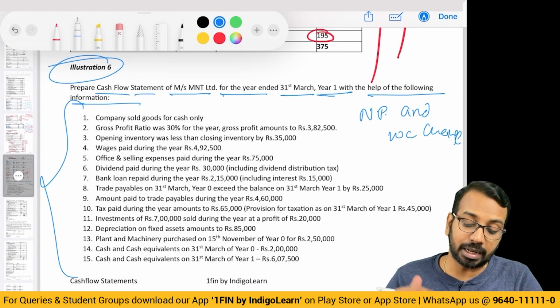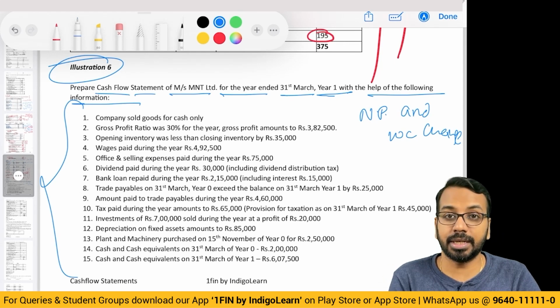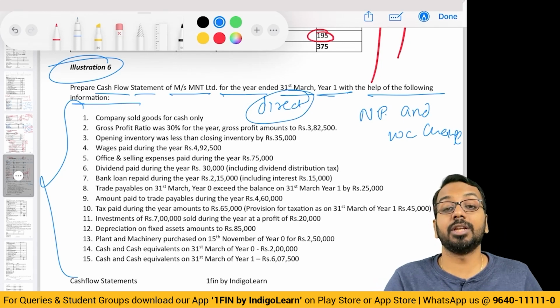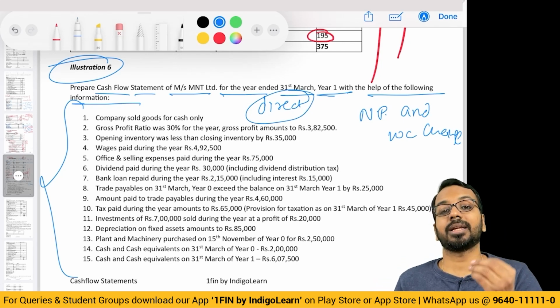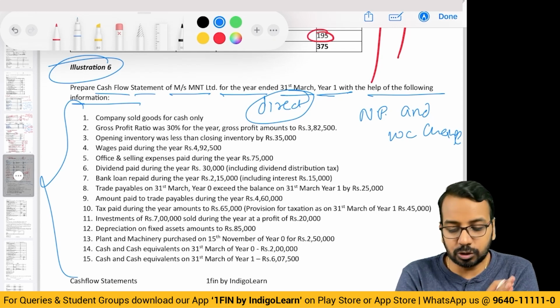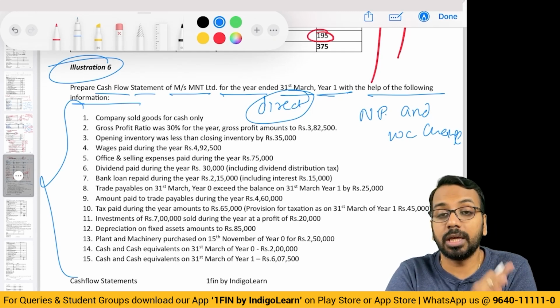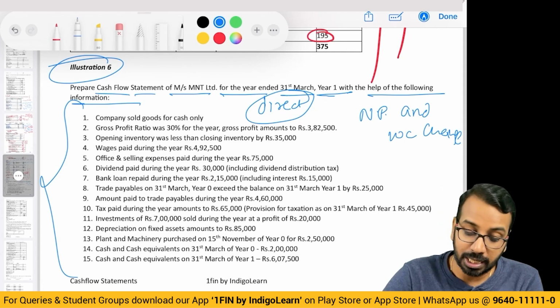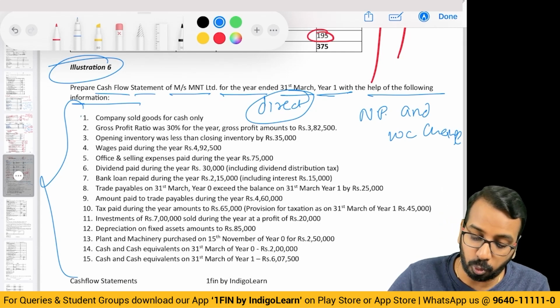If you do not have full information of working capital changes, then it is better to follow the direct method. For the direct method, we need cash collection information and cash paid information. Now here, have patience in the examination to read the question slowly, understand whatever is given in the question and then jump to the solution, because you may have linkages between one point and another.